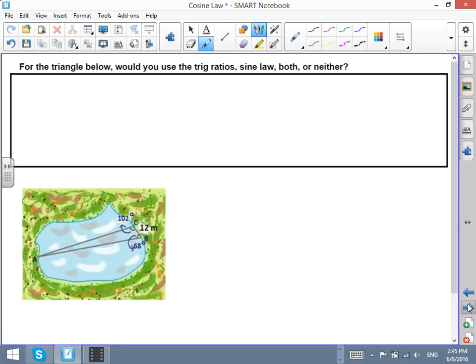Whereas with the last one, let me increase the size of this triangle a little bit. This angle is 102, this is 68, this is unknown, and we have one side length.